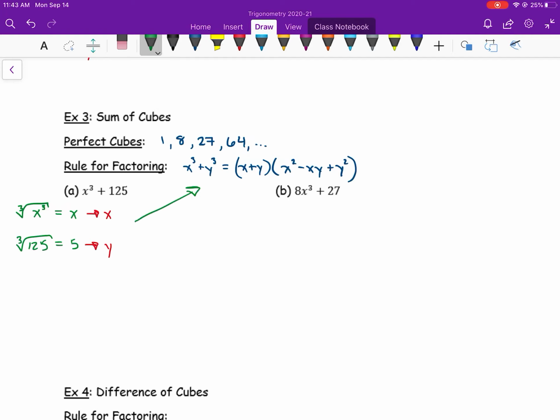First I'll do x plus y, so it'll be x plus 5 times x squared minus x times 5 plus y squared, which is 5 squared. Then I just have to clean this up. So I get x plus 5 times x squared minus 5x plus 25.